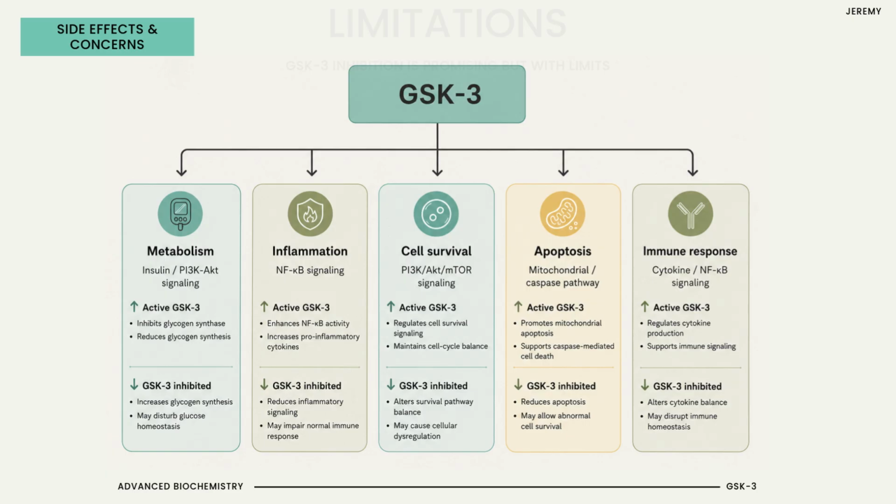Furthermore, for apoptosis, because GSK-3 beta promotes mitochondrial apoptosis, if we inhibit GSK-3, it will reduce apoptosis. So this means that tumor cells will be allowed to survive. Then finally, immune response. Because GSK-3 beta regulates cytokine production, if it's inhibited, there will be an imbalance in cytokine, and this will disrupt our immune system homeostasis.